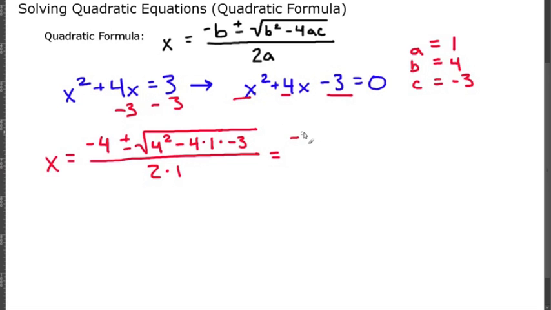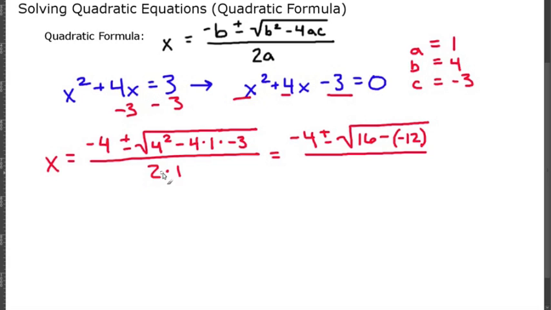Simplifying this, we're going to get negative 4 plus or minus the square root of 4 squared, which is 16, minus 4 times 1 is 4, times a negative 3 is a negative 12. So we're subtracting a negative 12. So we're really adding a positive 12.